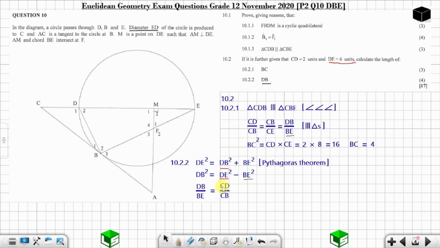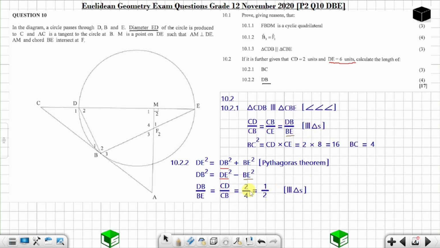You are going to have 2 over 4. CB or BC is the same. So you're going to have 2 over 4, which is 1 over 2. The reason for this is you have similar triangles.